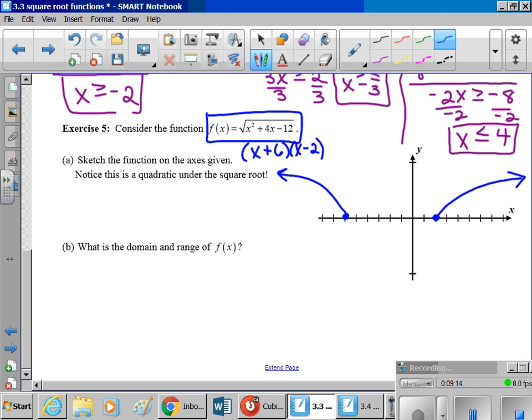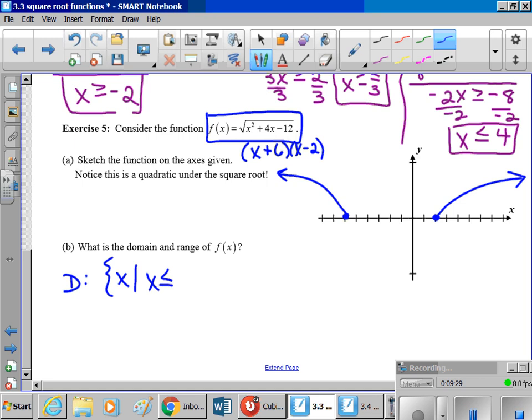And then it says, what's the domain and the range? Easy enough. Our domain, it doesn't tell us how to do it, but we've been doing things in set builder notation, so let's continue doing that. x such that, now be careful, we're going to have two different domains here.